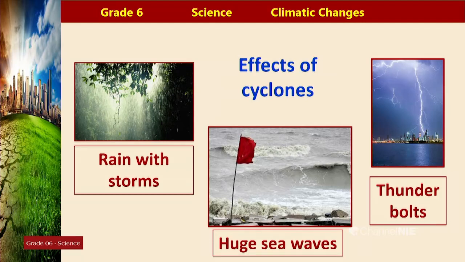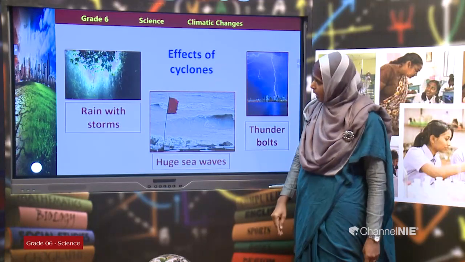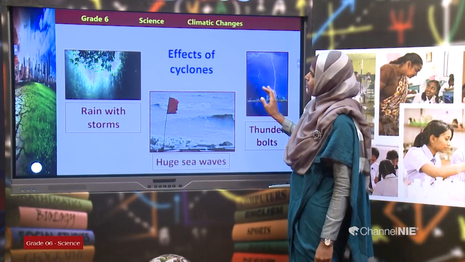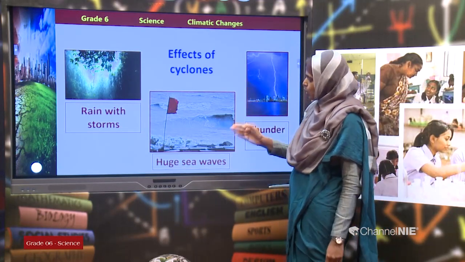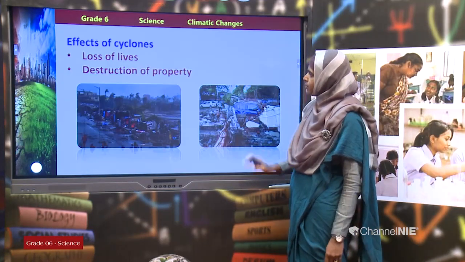Due to the fast, strong winds, sea waves rise up and approach the land. And also, we can experience thunderbolts due to the cyclones. So, due to cyclones, we will experience these effects: rain with storms, huge sea waves as well as thunderbolts.